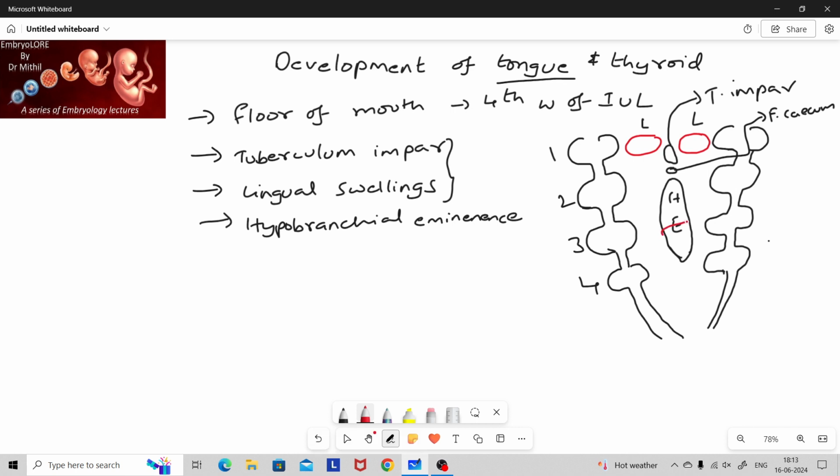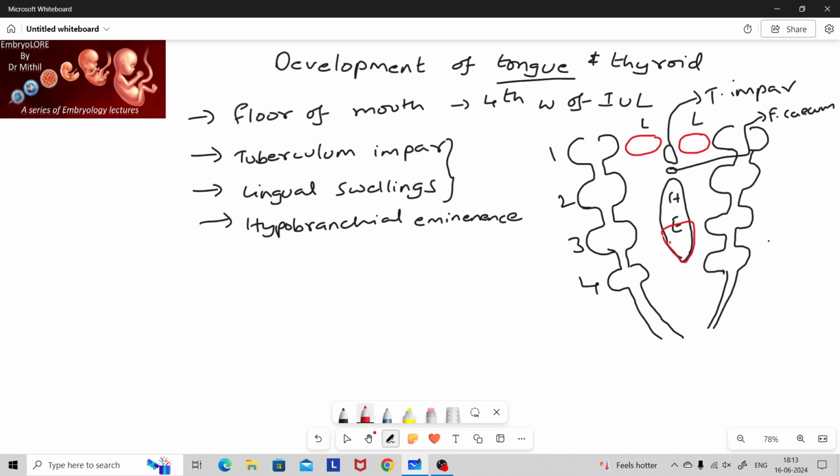So that is about the large cranial and the small caudal part. This is the basic information about the contributory parts of the tongue.